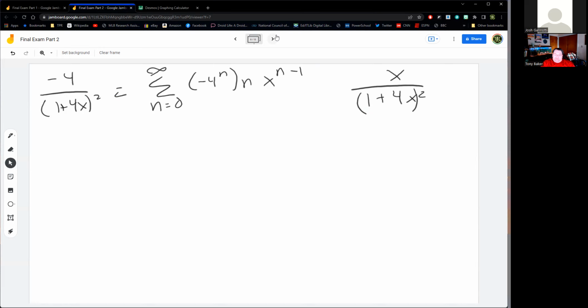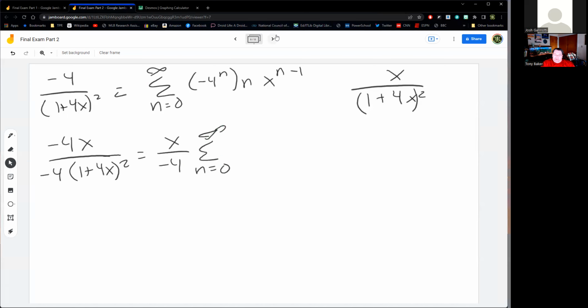So if I multiply both sides by x over negative 4, putting the negative 4 on the bottom, I can cancel out the negative 4s, and now that is exactly what I have there.